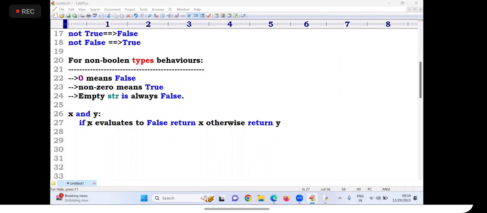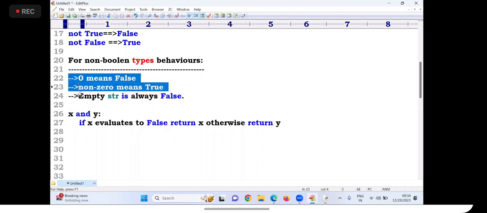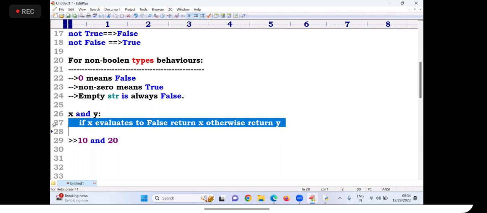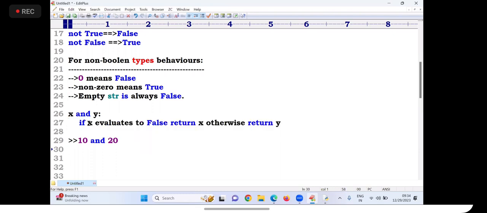So you have to check whether X evaluates to false or not, based on these three rules. Now go to the examples, 10 and 20. Based on line number 27, tell what the output is. First check X. X value 10. X is true or false? True.